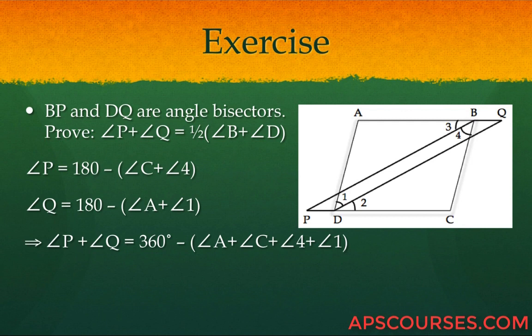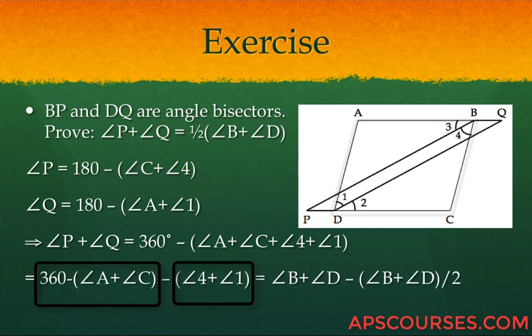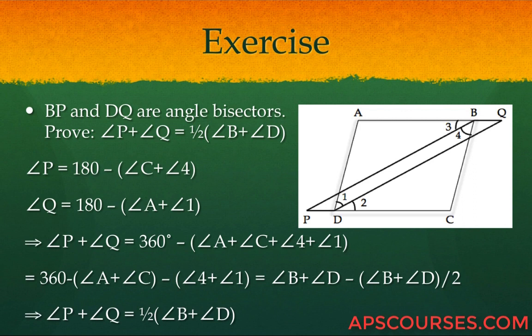Therefore, angle P plus angle Q would be equal to 360 minus (angle A plus angle C) minus (angle 4 plus angle 1). Since we know that 360 minus (angle A plus angle C) is angle B plus angle D, and angle 4 plus angle 1 is equal to (angle B plus angle D) upon 2, therefore angle P plus angle Q is equal to half of (angle B plus angle D).